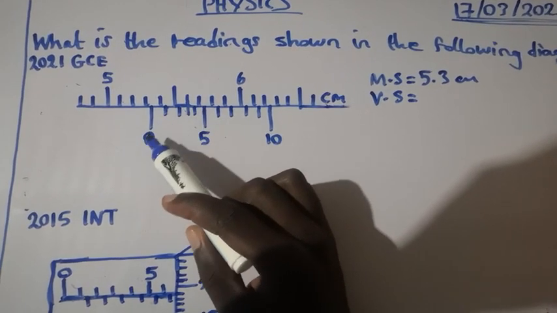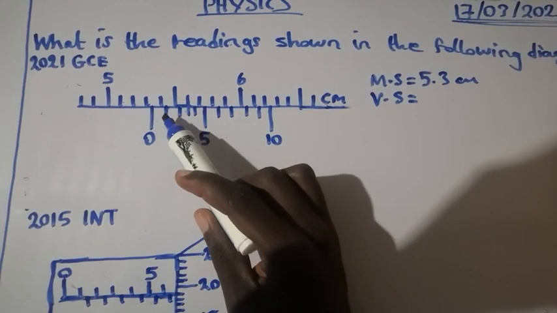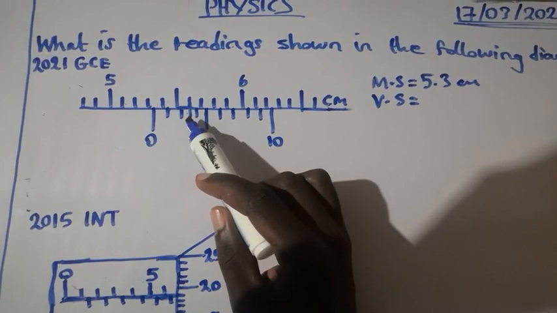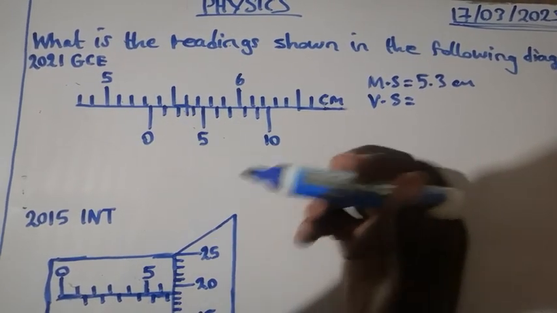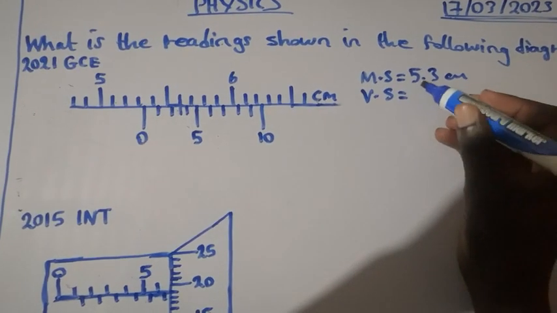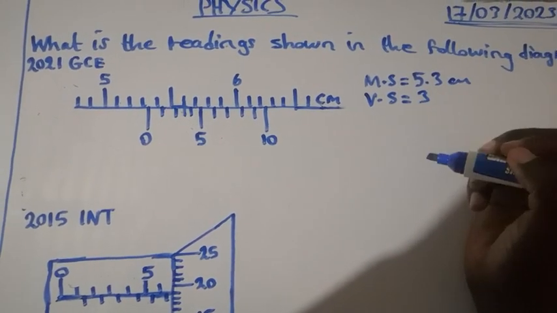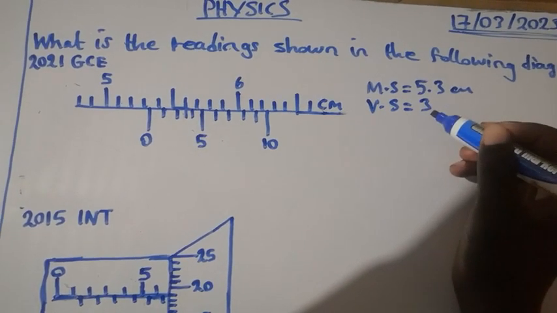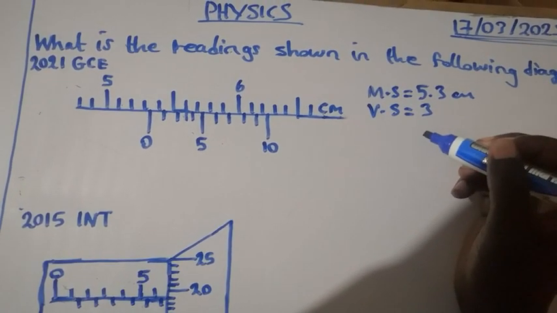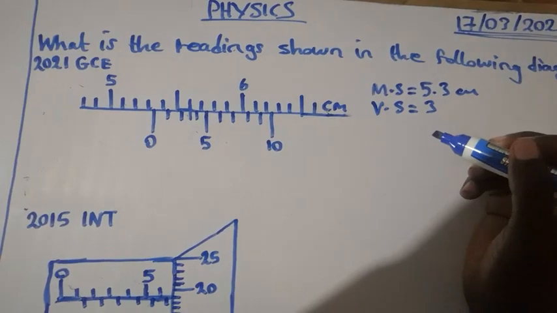So from 0, 1, 2, 3, the mark that is coinciding is 3. So we are going to write 3 here. Now this 3 is coming without units.